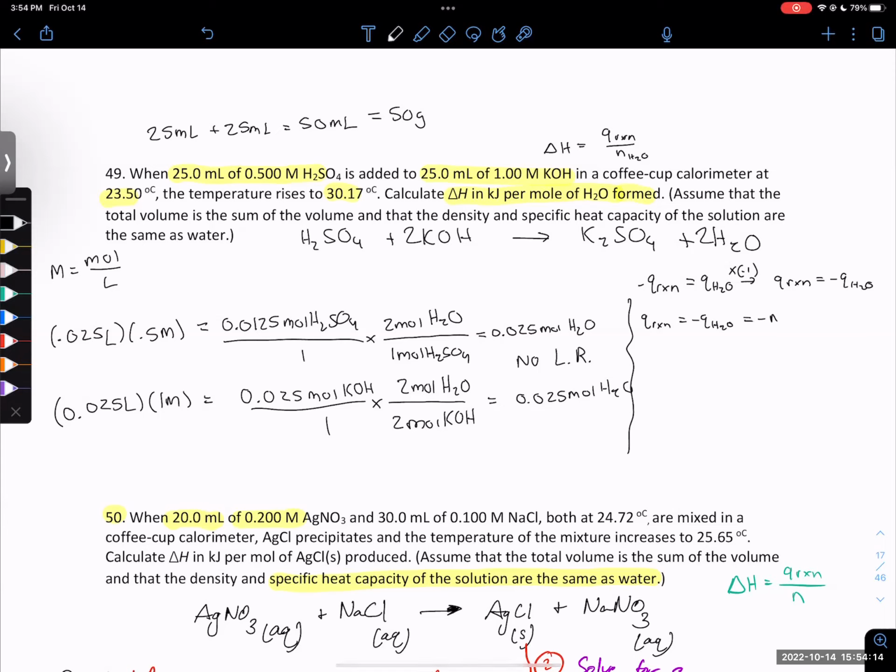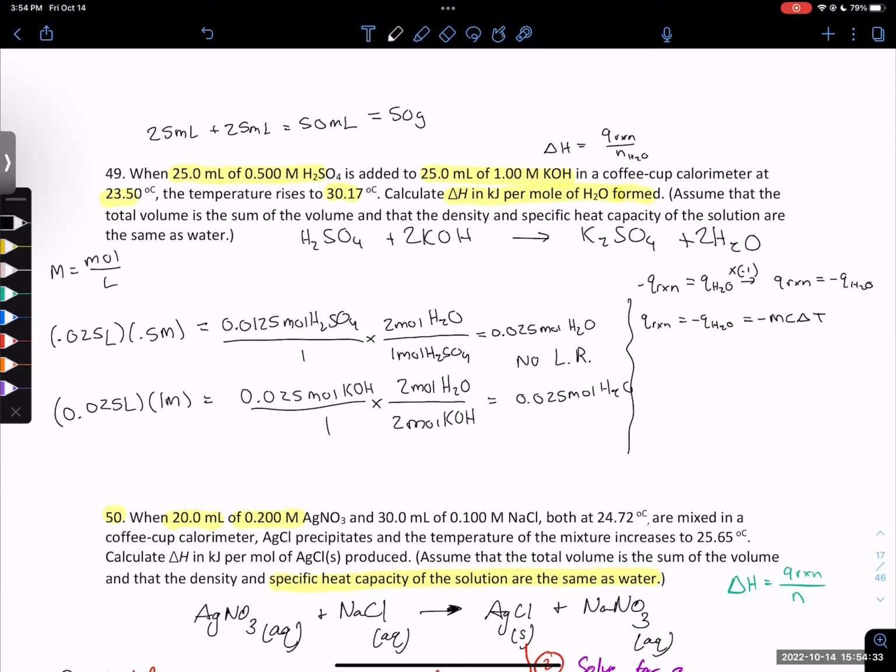Which is equal to -mC delta T of the water, right? So Q of reaction is equal to this, because this is essentially this, just expanded.